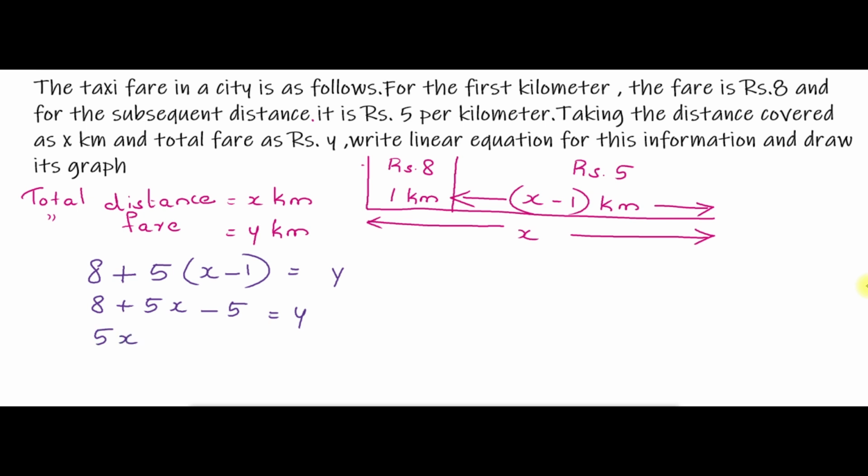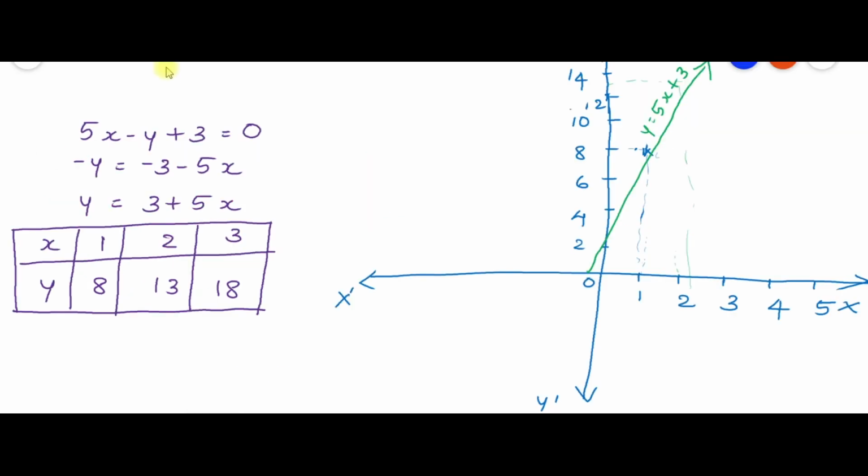So 5x plus 3 is equal to y, or else you can write it as 5x minus y plus 3 is equal to 0. So your equation is 5x minus y plus 3 is equal to 0.